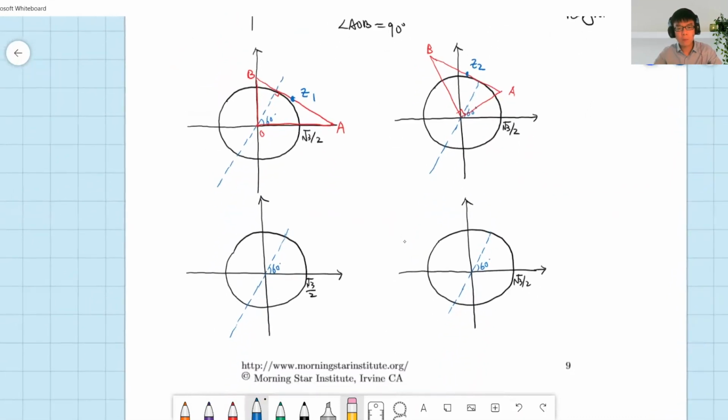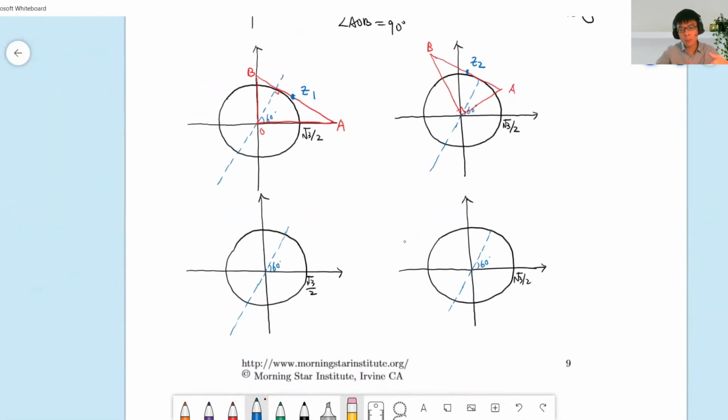And it's also possible that AB is in a different quadrant. Let me show you this picture by symmetry. Perpendicular here. So this is A, this is B. So the midpoint is the corresponding z.